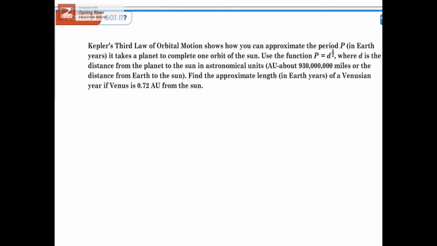Find the approximate length in Earth years of a Venusian year if Venus is 0.72 or 72 hundredths AU from the Sun. I'll give you 10 seconds to answer this question.